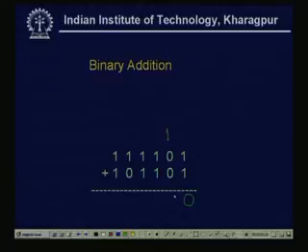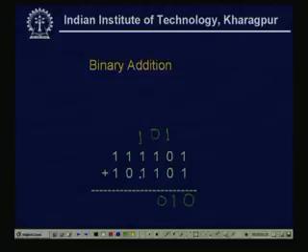So that sum is 1, but carry is 0. Now again here, 1 plus 1 means my sum is 0 but carry is 1, and again that sum 0 plus 0. So this is 0, carry is 1.